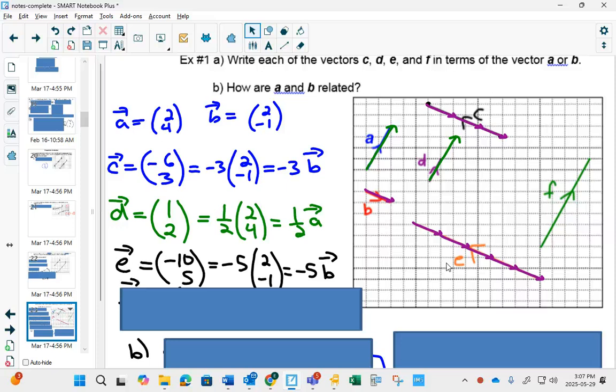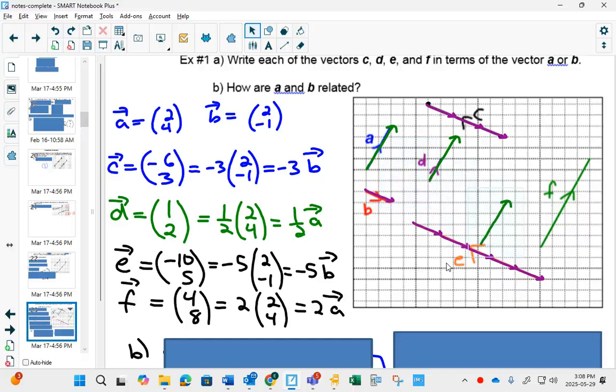But if you counted out E at negative 10, positive 5, and then you wrote out B, because it sure looks like it's in the same direction as B, how hard would it be to figure out the negative 5 in front? Not very hard. And same thing with F. F is going in the direction of A, so I'd have 1 here. 2 of them, so F is 2 A's.